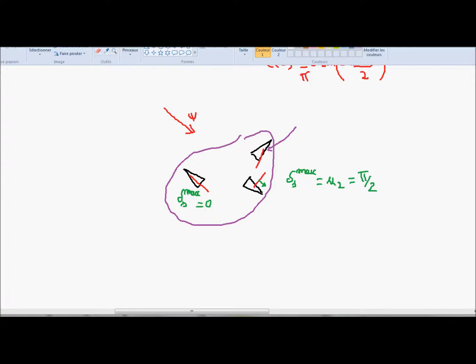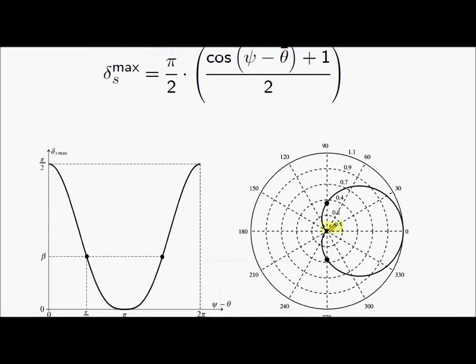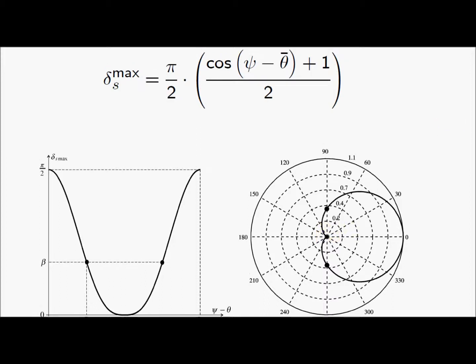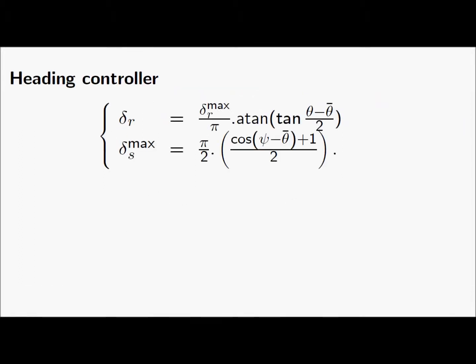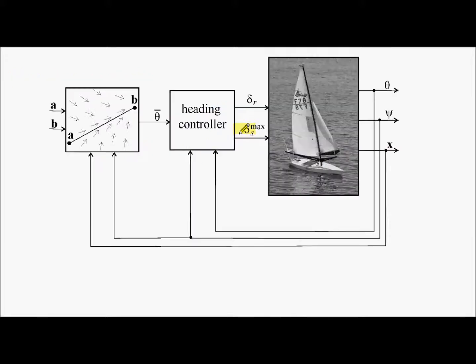So I have a simple formula which tells me how to tune the sail. I have now explained my low-level controller, or the heading controller, or also the inner loop, which is given here. Now this controller, as explained before, I have to feed with the direction where I want to go.